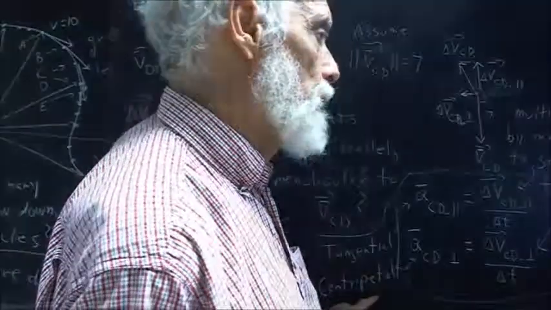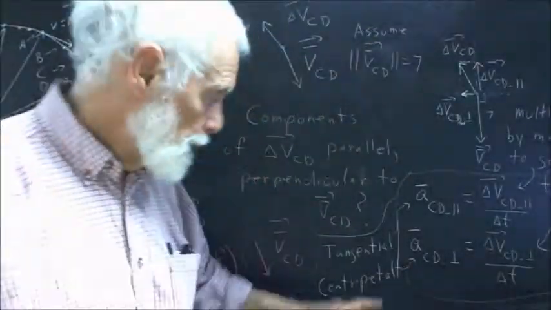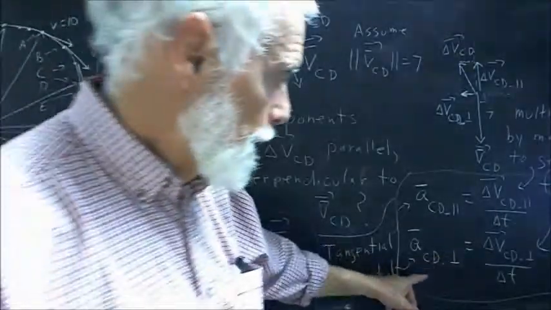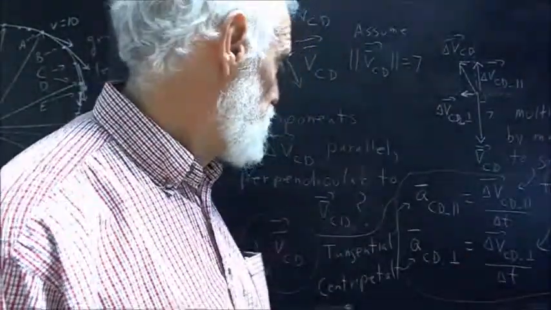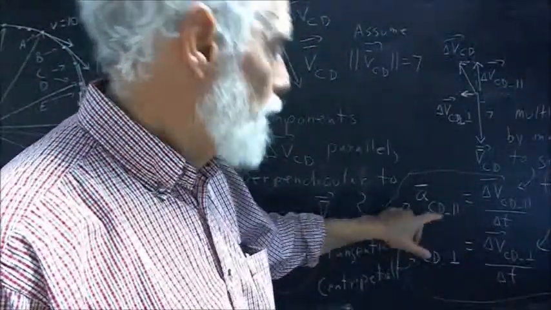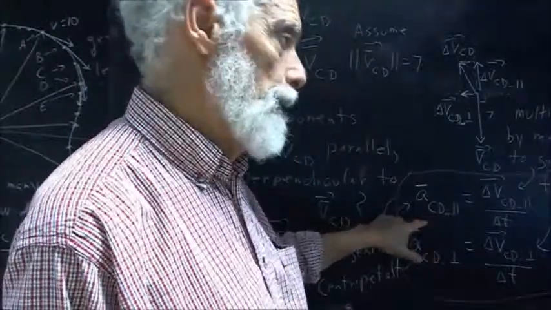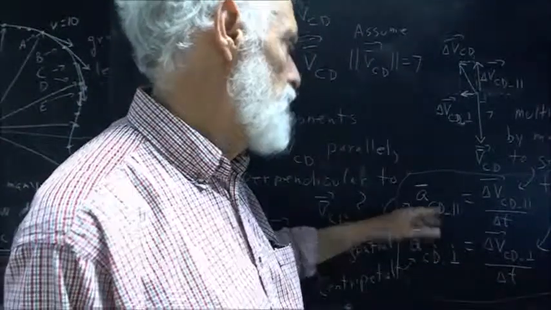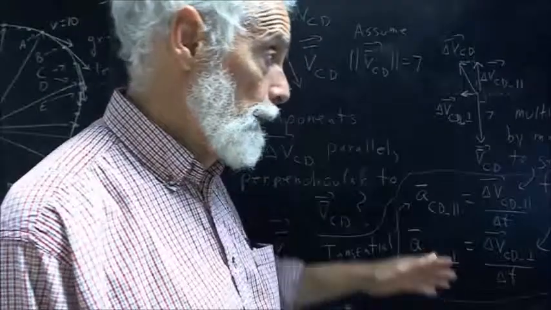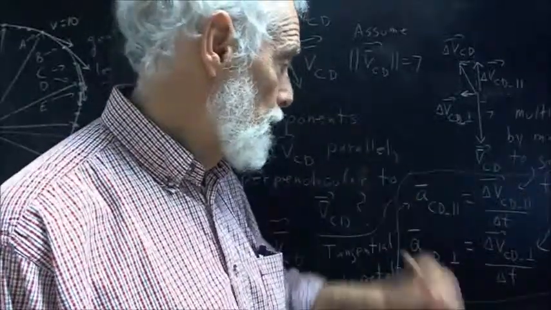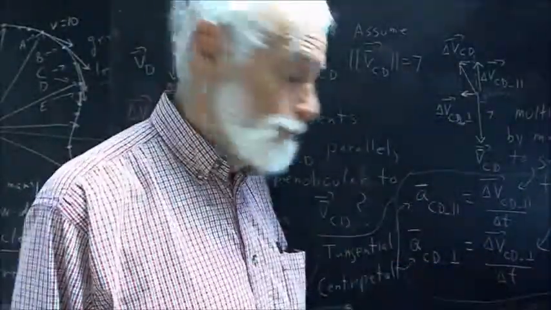Tangential force, centripetal force. Centripetal force causes the centripetal acceleration and changes our direction. Tangential force causes an acceleration along our line of motion, either toward or away from our motion, and affects our speed.